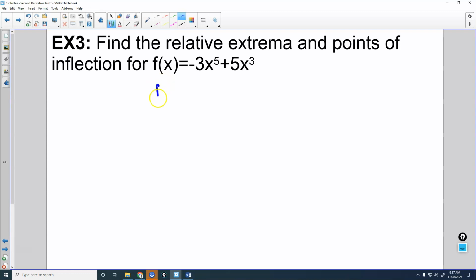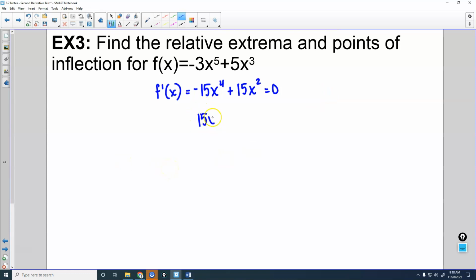So we're going to do f prime of x, and we will get negative 15x to the 4th plus 15x squared. And although you don't have to make a sign line for this, you do still have to find critical points. So how am I going to solve that? What could I do? Take out a 15x squared.